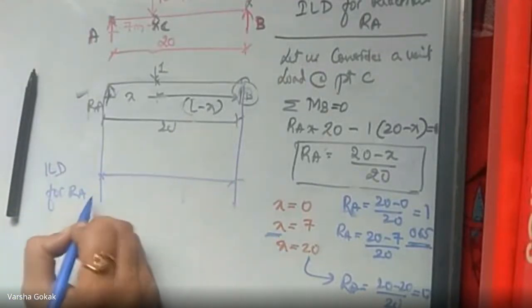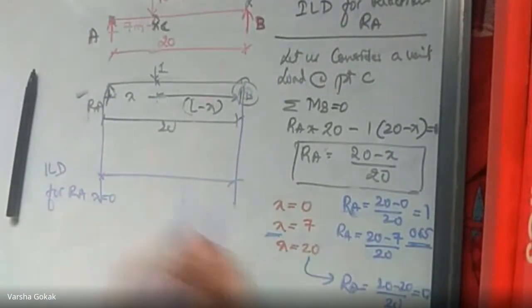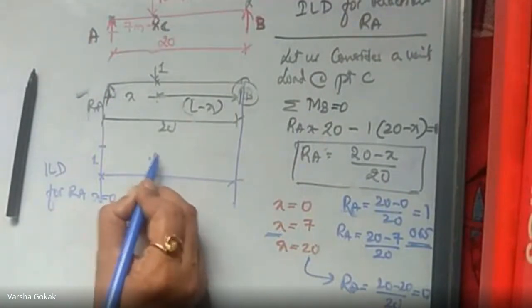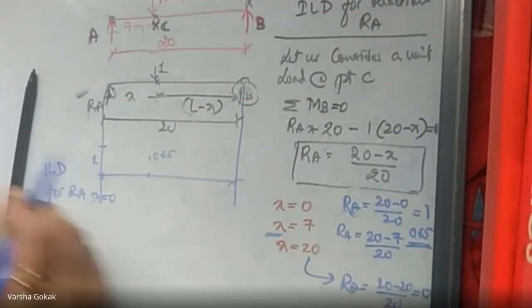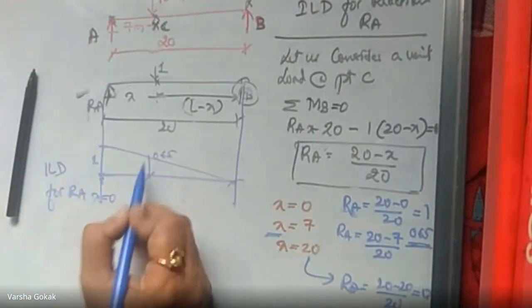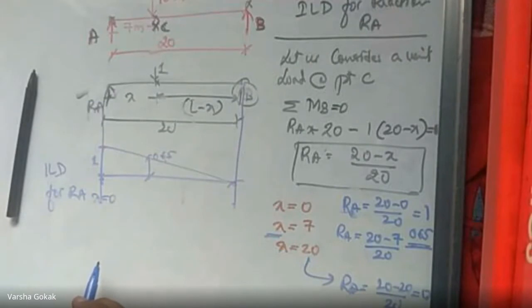So X equal to 0 first. What is the value of RA? It is 1. Okay. For X equal to 7, it became 0.65 and here it is 0. Your influence line diagram is like this. And this value is 0.65.